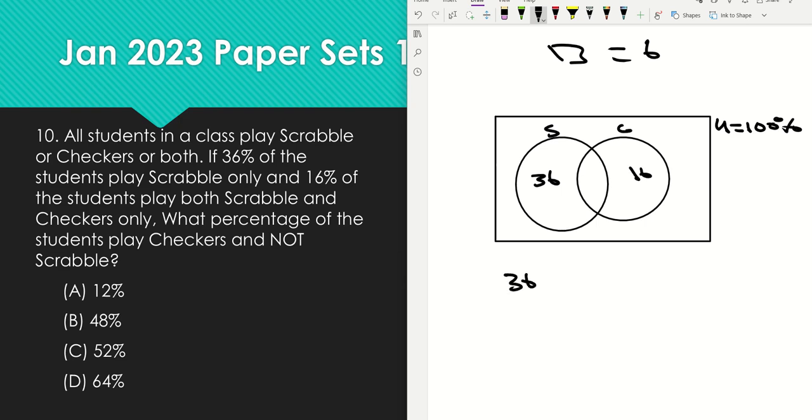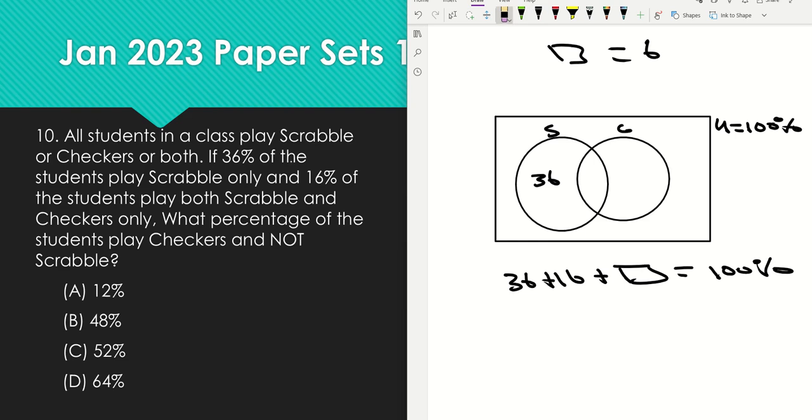That means 36 plus 16 plus something is equal to 100%. Hold on. No, I am incorrect. What am I saying?